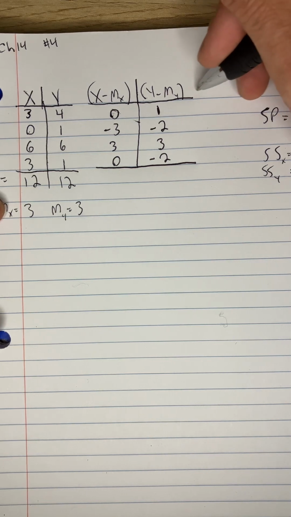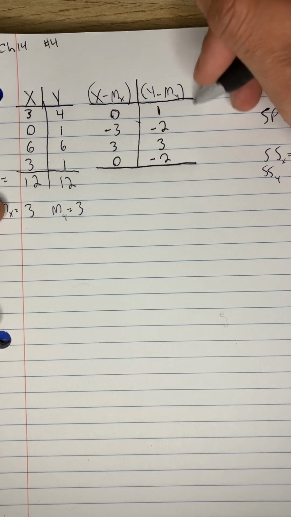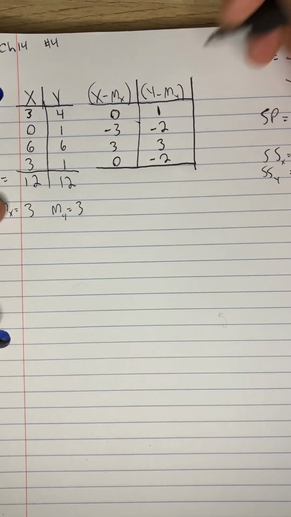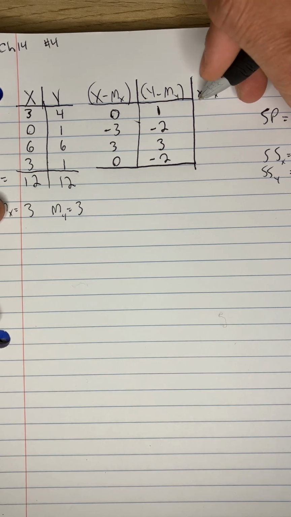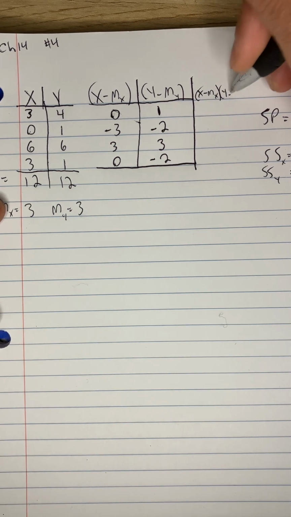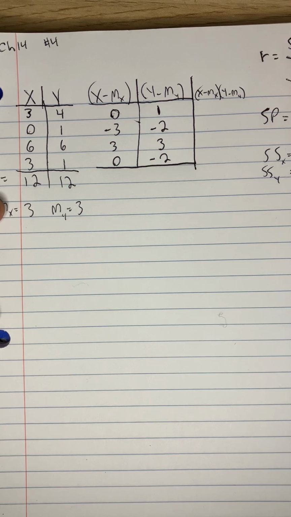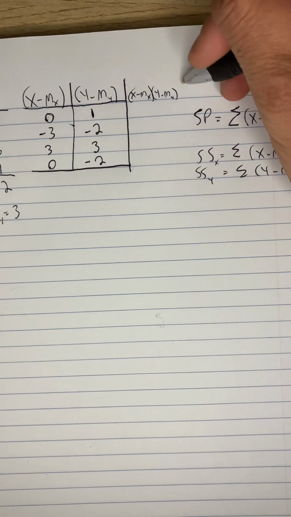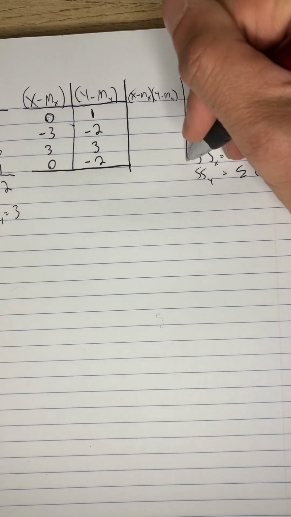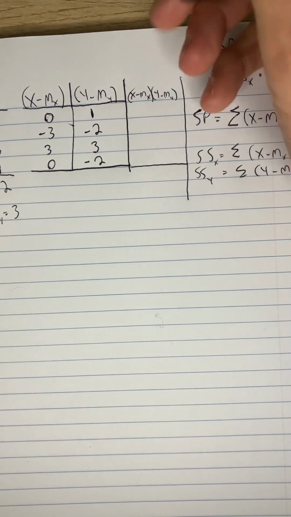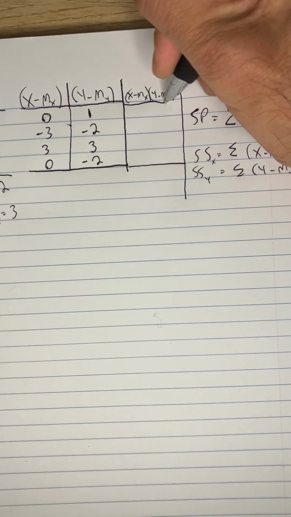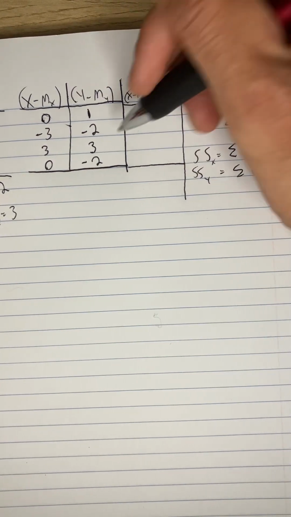Okay, so let's do it right here. I guess I have space here. So now I'm going to partition these. We have x minus the mean of x times y minus the mean of y. And I'm going to make a line here. Okay, so now we're just multiplying these. 0 times 1 is 0.